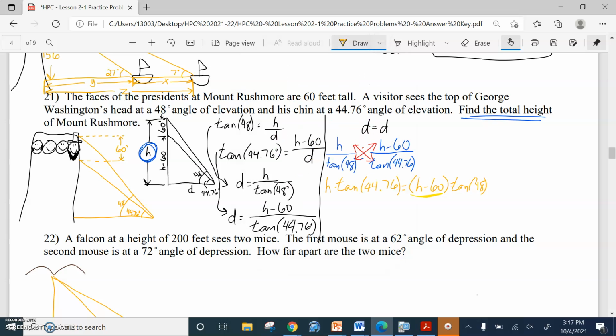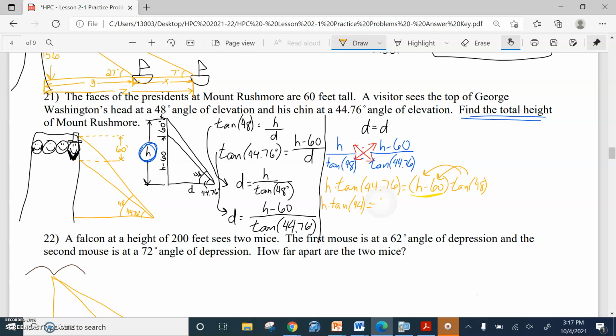So what we're going to do is we're going to leave the left side alone. Now I will shorthand that 44.76 to just be 44. Because I'm going to have to take tangent 48 times h and then tangent 48 times 60.